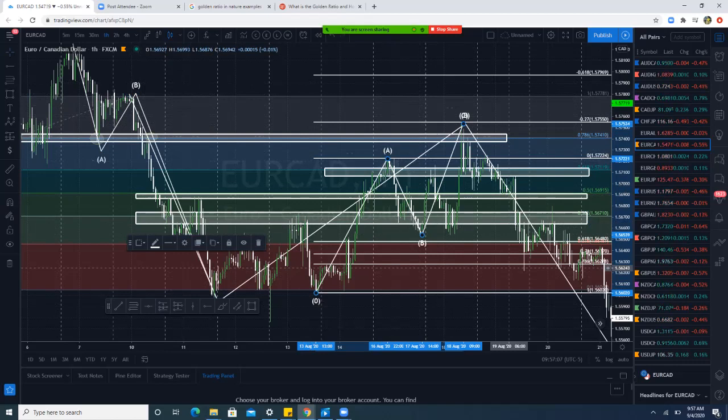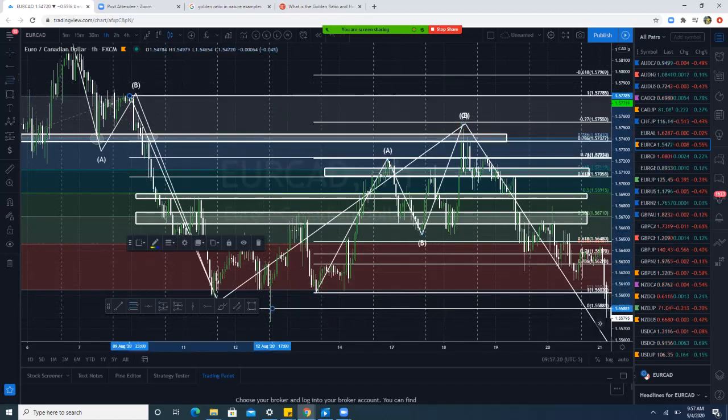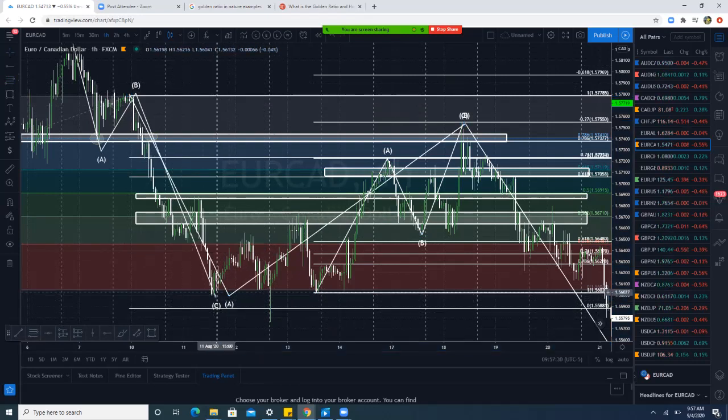Now, say this is continuing down. I don't know if it's going to continue down, but let's say it continues down. And I'm looking for the extension point of this B move to this C move down here. So this C move here, just move that to the side. So basically this point here.